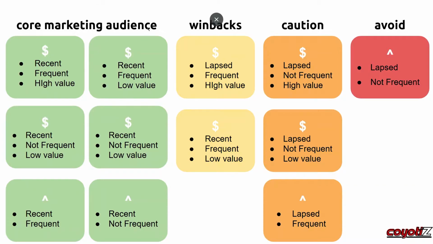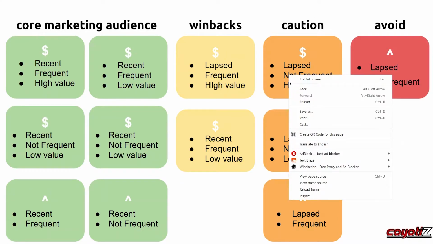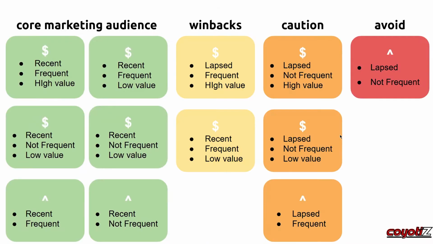The core marketing audience, those who want to really send a lot. The win backs, those who really lack on recency. Caution, those who really suck on recency and you really don't want to market to. I mean, you still can market. You can dilute them into the campaigns, just not to crash your deliverability.